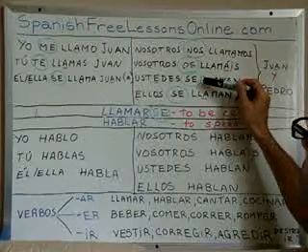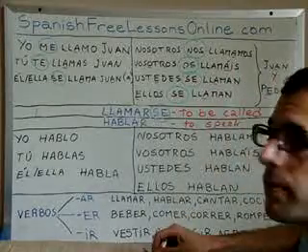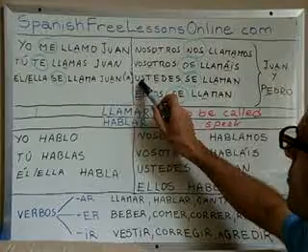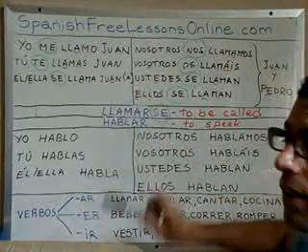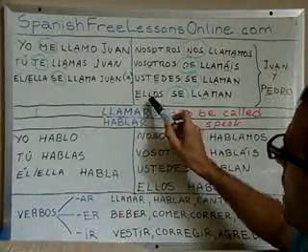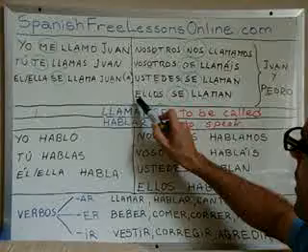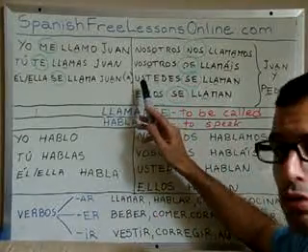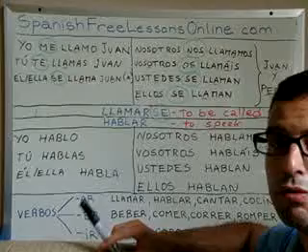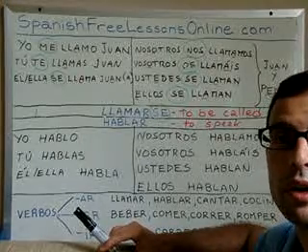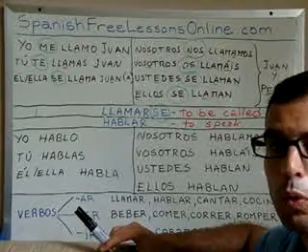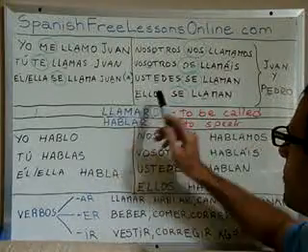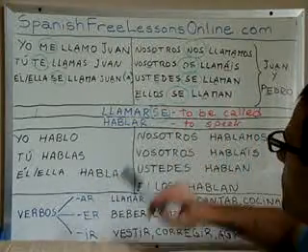Llamáis or llaman. But look at this. The conjugation for ustedes is easy because it's the same conjugation as for ellos, for they. So if you choose to use ustedes for you plural, the conjugation will always be the same as for they, as for ellos. Okay?